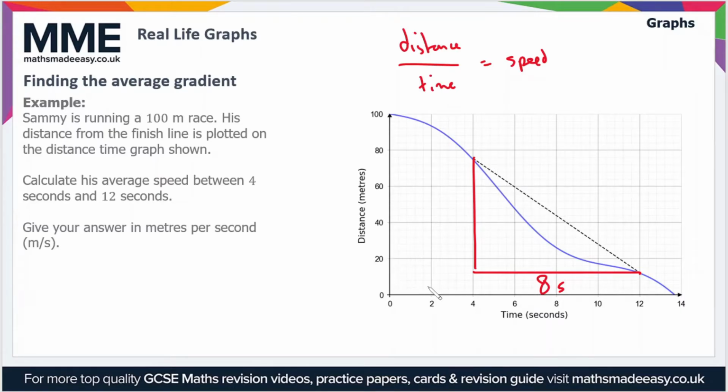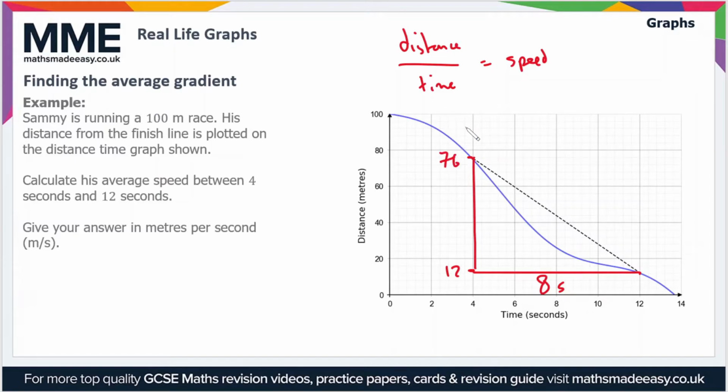Now we've got 5 small boxes per large box, and the increments go up in 20 per large box. So that means that each small box is 4 metres, and we go from this point here, which is 3 boxes tall, so that's 12 metres. And if we go right up to the top, the value here, well, that's 1 box less than 80, so that's 4 less than 80, so that's 76.